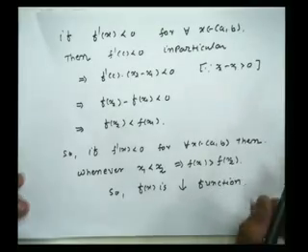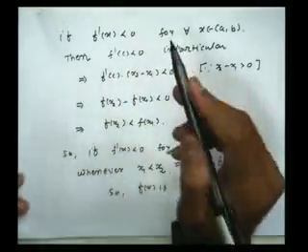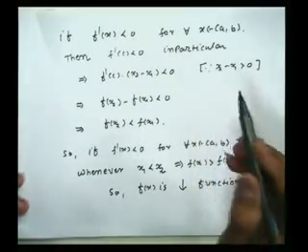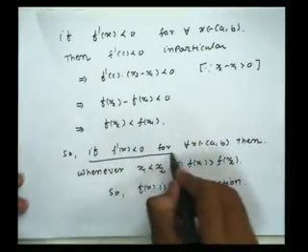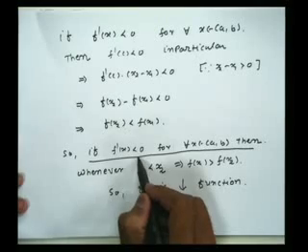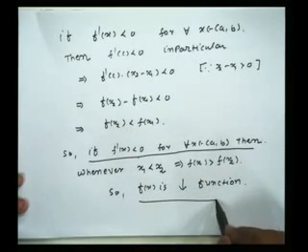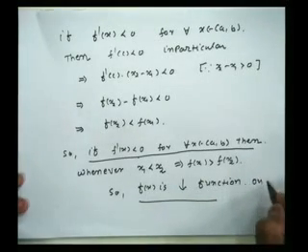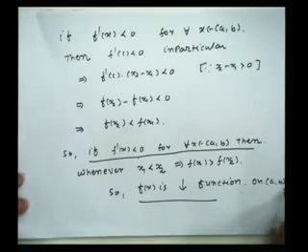We had two cases. If f dash of x is greater than 0, then we proved that f of x is an increasing function, and if f dash of x is less than 0, then f of x is a decreasing function on interval AB. This completes the proof.